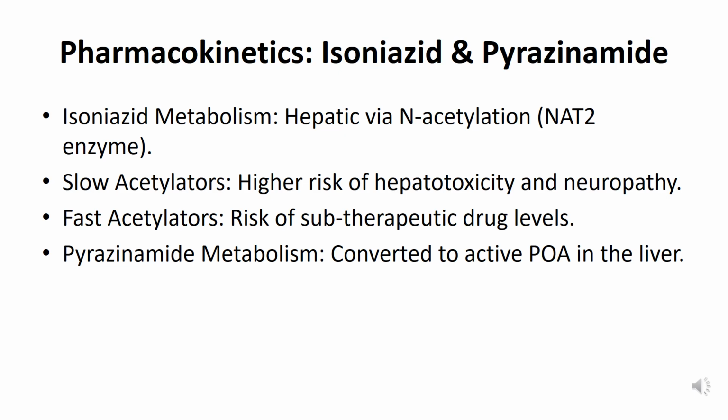In summary, isoniazid is metabolized in the liver through N-acetyltransferase 2-mediated N-acetylation. Genetic differences create slow and fast acetylators, influencing both drug levels and toxicity risk. Slow acetylators are more prone to hepatotoxicity and neuropathy, while fast acetylators may experience lower drug exposure.